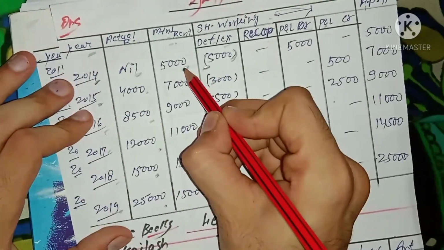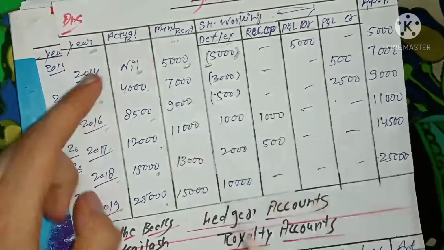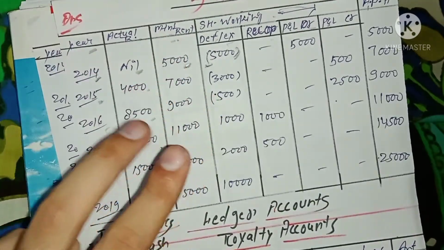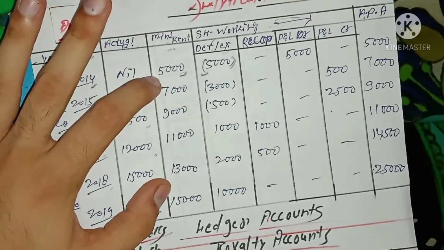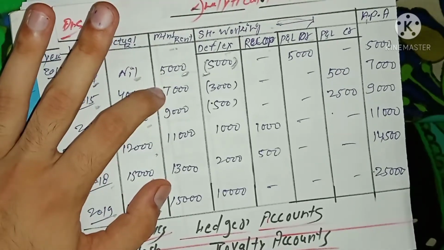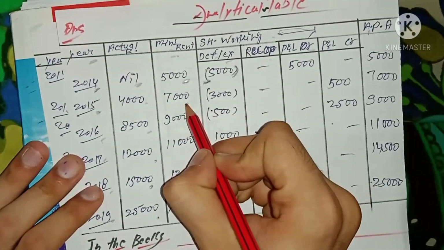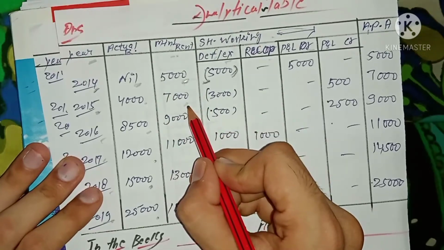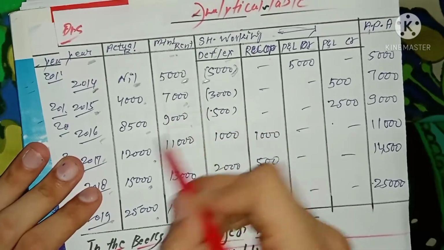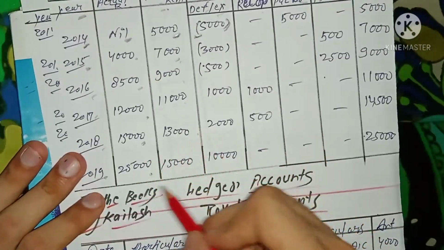And here you can see 5,000 was there in the first year, and it was mentioned in the question that you have to add 2,000 to the first year's amount of minimum rent. So 5,000 plus 2,000 is 7,000 in the next year, 7,000 plus 2,000 is 9,000, 9,000 plus 2,000 is 11,000, 11,000 plus 2,000 is 13,000, and 13,000 plus 2,000 is 15,000.